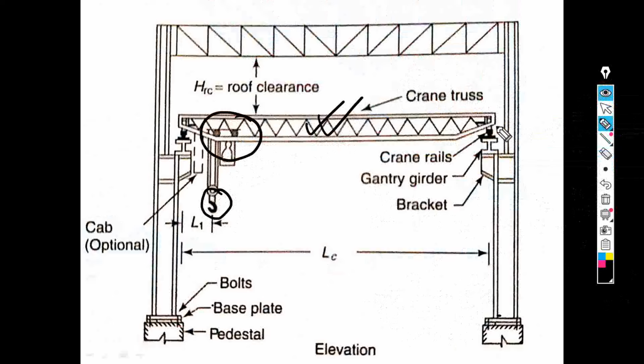Now the crane is supported on both sides on crane rails, and the crane rails are supported by gantry girders on both sides. The gantry girders are supported by brackets. These are the brackets, and these are the columns. So this is the overall system.